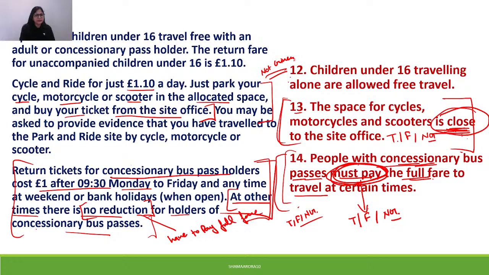Are you all getting this, guys? Yes. So they must pay the full fare at certain times, and here also they have given the same statement, same meaning. Answer should be true, not false. Answer should be true, Deepak. Anu, Manjinder, Nikunj, is this clear? Why should the answer be true?